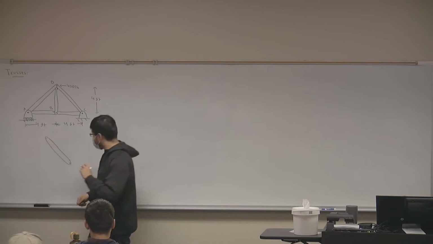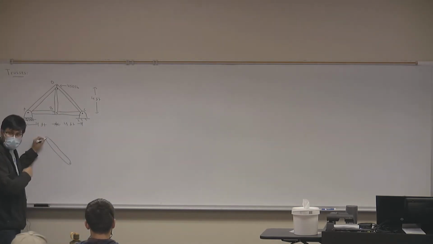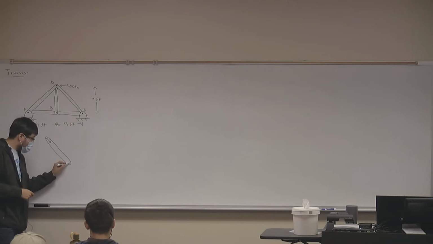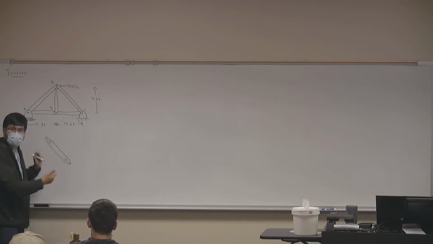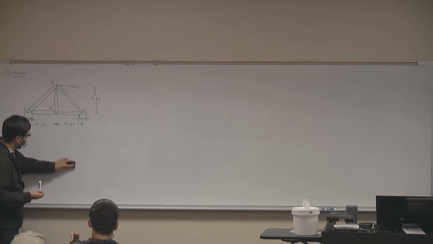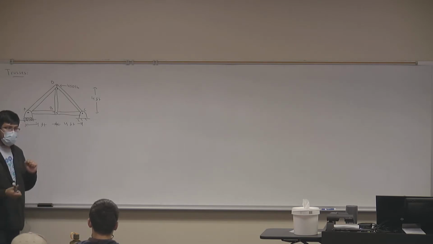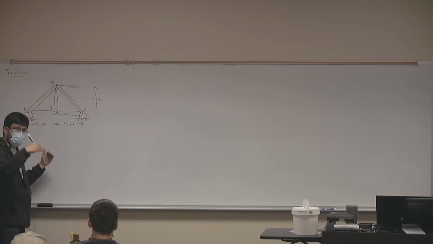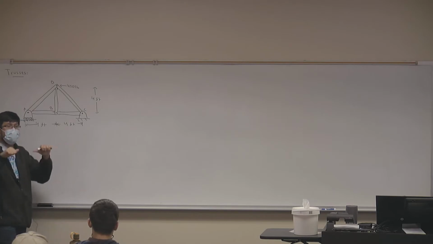So in other words, if we find out from this hinge that this truss is experiencing a compressive force in this direction, then on the other side, it also has to experience a compressive force in the opposite direction in order for there to be balance here, okay? So that's one of the first things I want you to know about trusses. They experience the same force on each side, just acting in the opposite direction. So either a tension force or a compressive force.